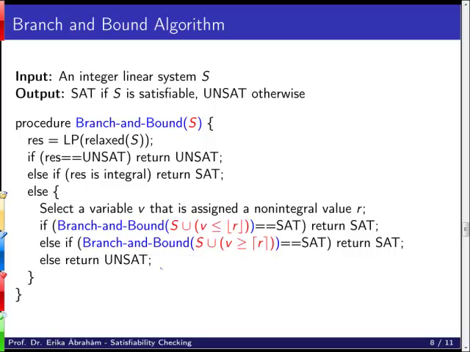But does it always terminate? There is one point: we have a recursive call, the blue ones, where I call the algorithm again. So can it happen that I call it again and again and again?